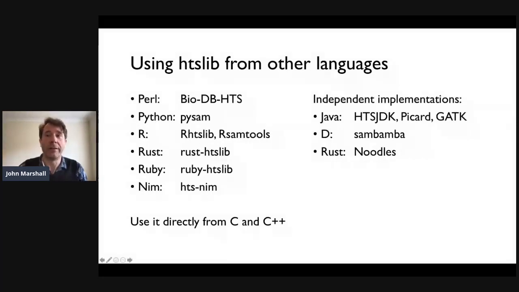GATK, of course, being their variant caller and their big toolbox of everything, perhaps a similar role to BCF tools and the trio of C-based programs from the Sanger. And a couple of other independent implementations, one in D and a recent one in Rust, which is coming along quite nicely and is one to watch if you're a Rust programmer and interested in those sorts of things.